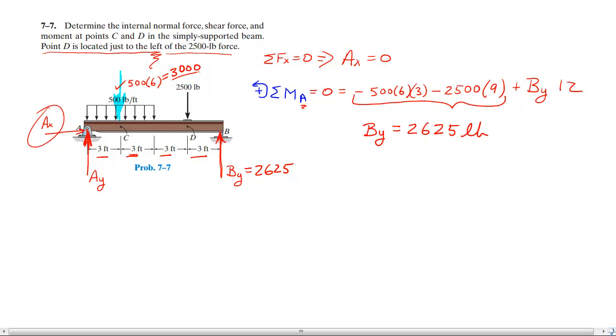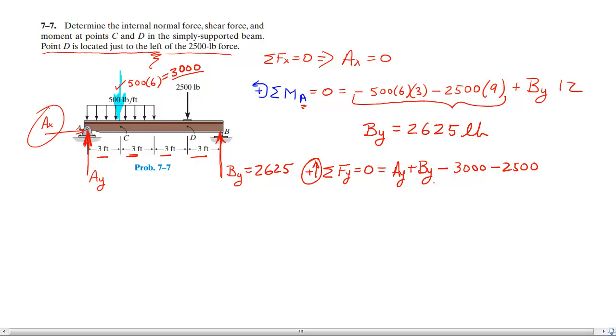So if it's 3,000, let's try the sum of the forces in the y direction equal to 0, and let's make up positive, which usually is what happens. You get AY plus BY minus 3,000 minus 2,500.